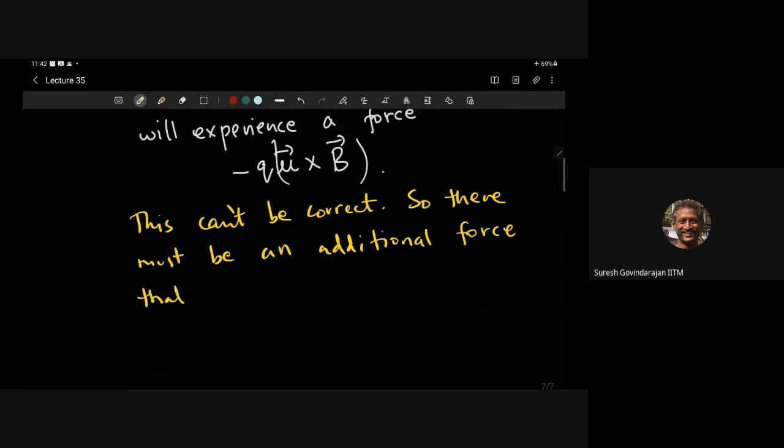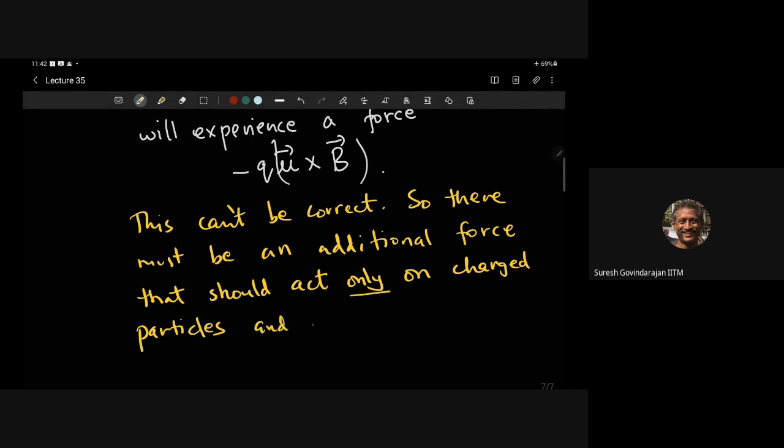First, it should act only on charged particles. It should not act on chargeless particles, because then that force will make the other particle, which we had no problem with, have problems, right? Only on charged particles, and cancel this.